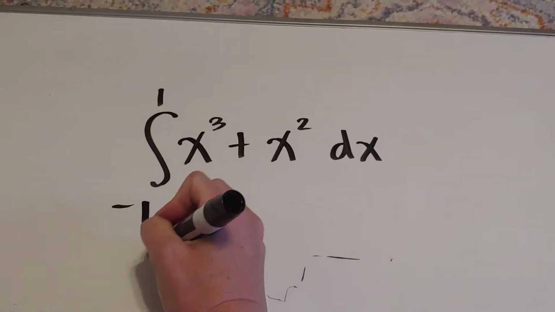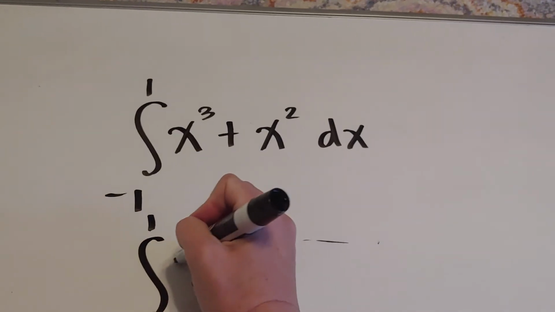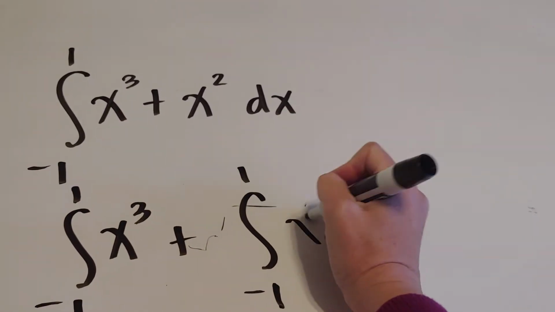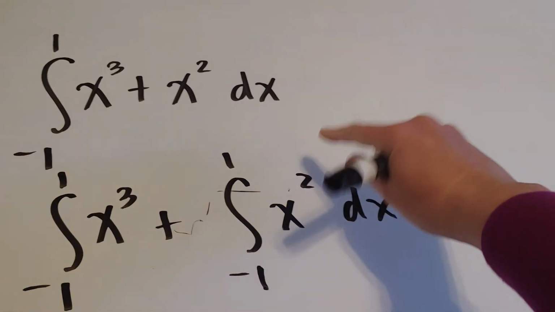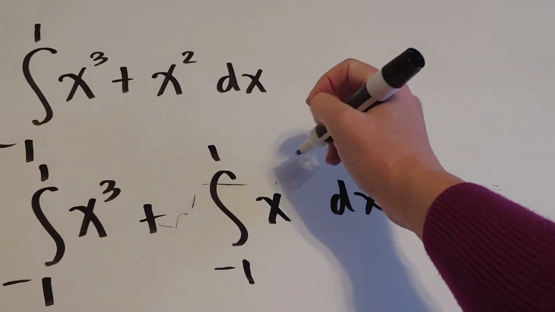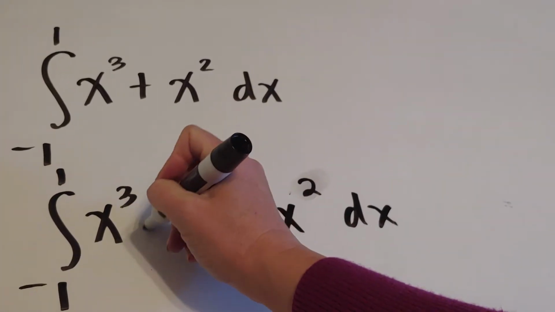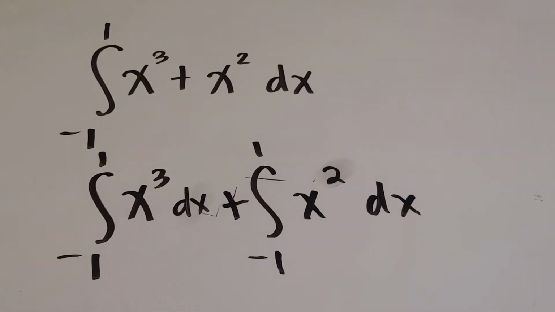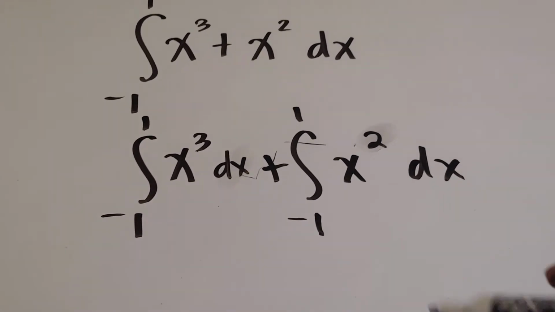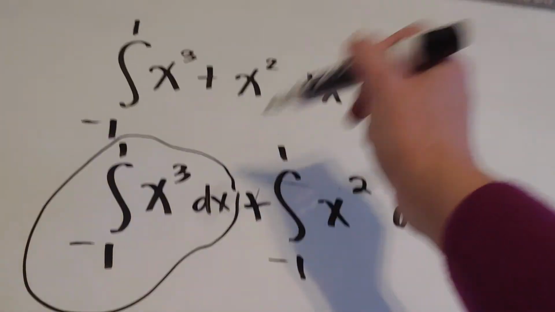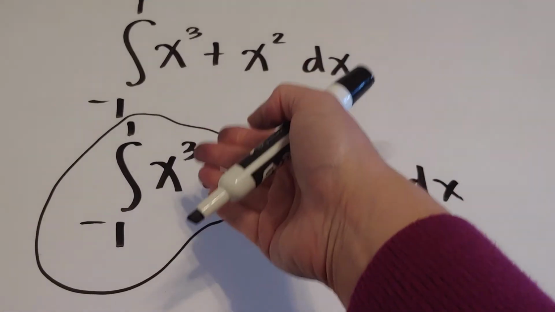So what we know is that we can break up integrals into parts. There we go. So what'll happen is that I agree that this portion would 0 out because it's from negative 1 to 1 of an odd.